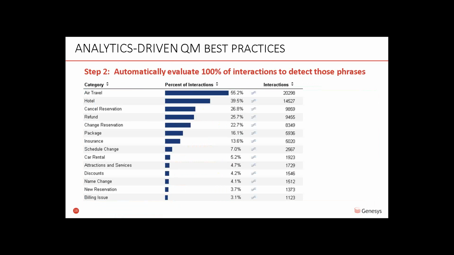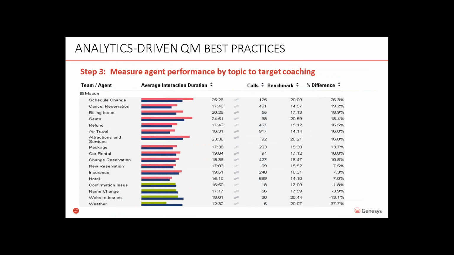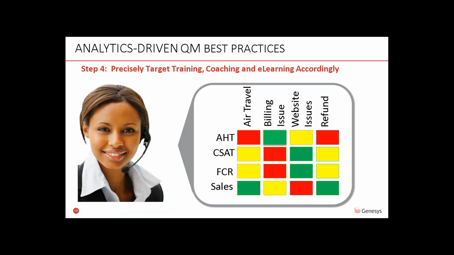In that way, comprehensively categorizing all 100% of your interactions, which then leads you to step 3, which is measuring agent performance according to those topics, so that you can correlate each individual topic at the individual agent level against your organization's key performance indicators and measure things like call duration at the individual topic level for each agent in order to be able to precisely target your training, coaching, and e-learning accordingly.